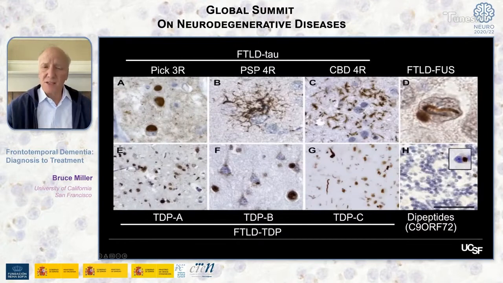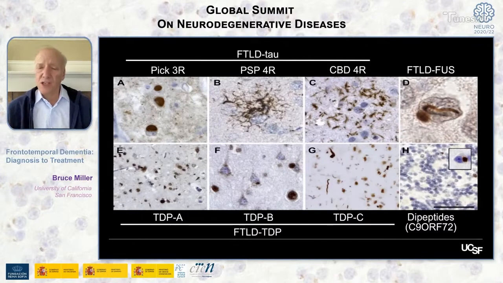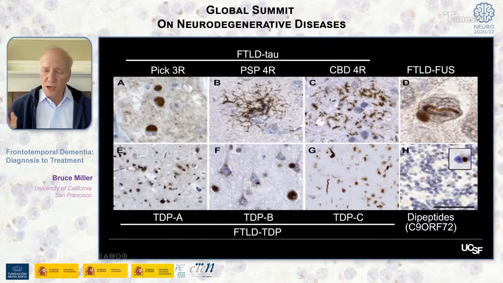But I emphasize that most cases of PSP and cortical basal degeneration present with an FTD syndrome. The TDP group is almost always associated with progranulin. TDP-B is almost always associated with motor neuron disease or ALS, and TDP-C is almost always associated with the temporal lobe degeneration that I described in the previous slide.